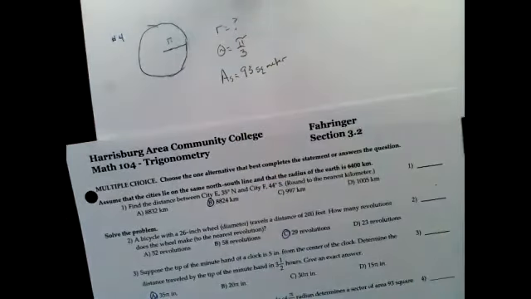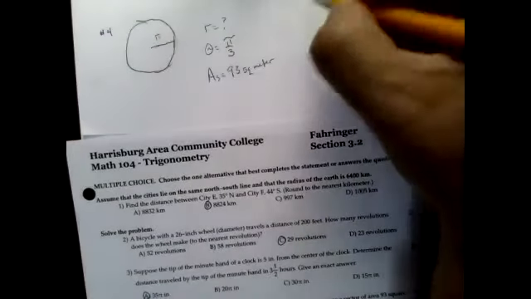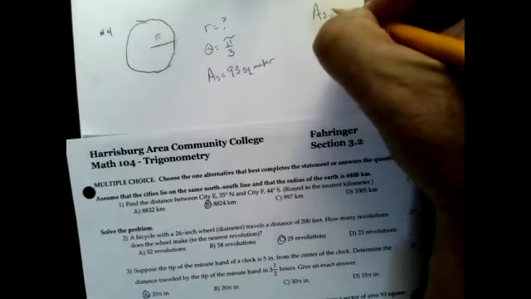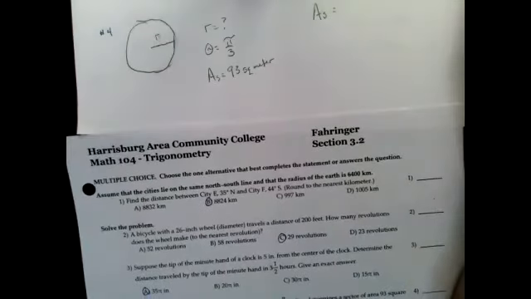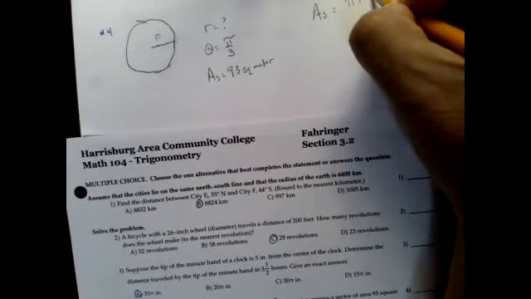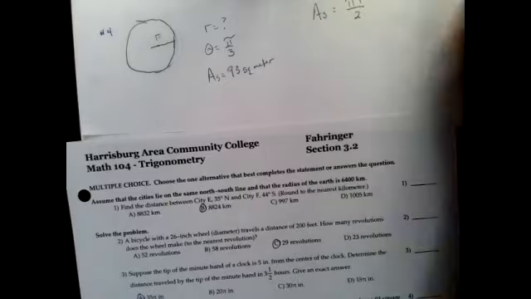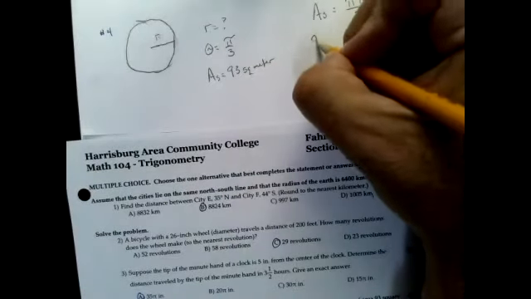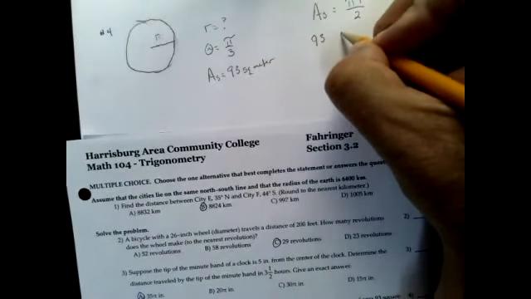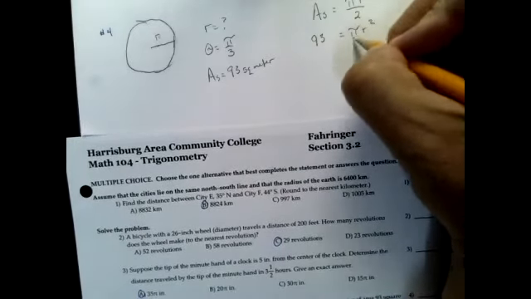So what does it look like I'm going to be calculating? R. So now I need my formula. Area of a sector was pi r squared over 2. Okay, so this is 93 square meters equals pi r squared.